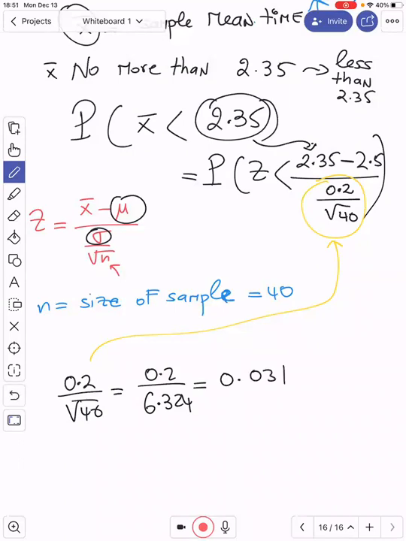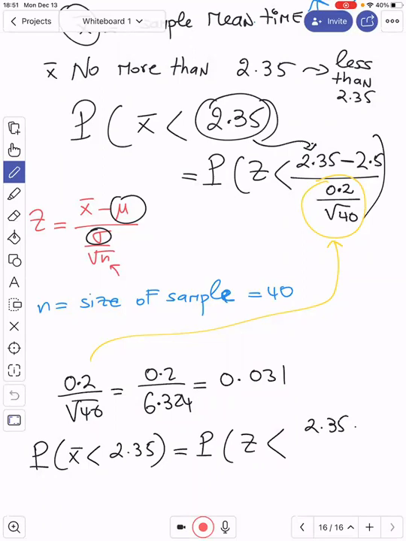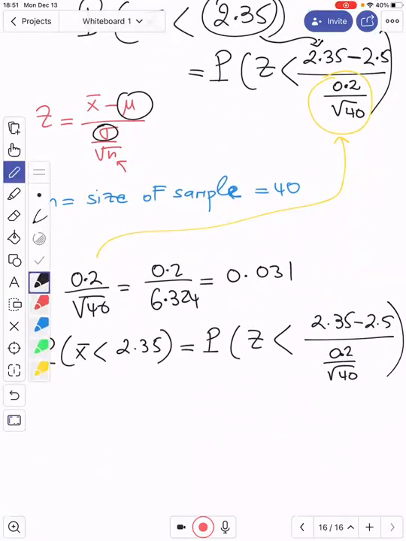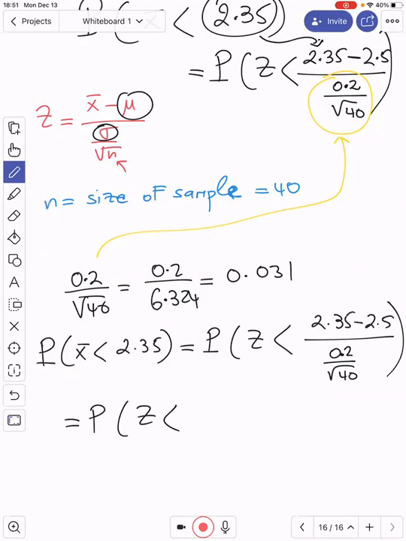So our x bar, which is less than 2.35, as we said, becomes z equals 2.35 minus 2.5 over 0.2 over the square root of 40. I'm going to compute the top first. 2.35 minus 2.5 is negative 0.15.